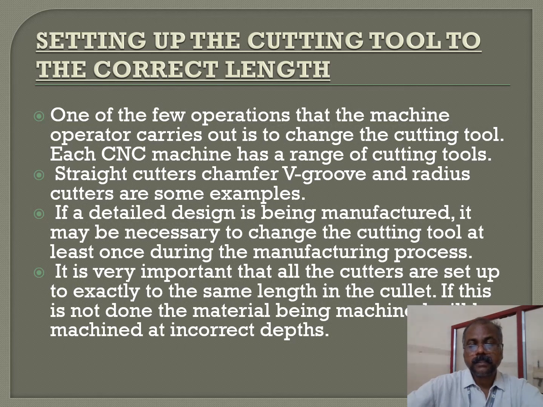If a detailed design is being manufactured, it may be necessary to change the cutting tool at least once during the manufacturing process. It is very important that all the cutters are set up to exactly the same length in the collet. If this is not done, the material being machined will be cut at incorrect depths.